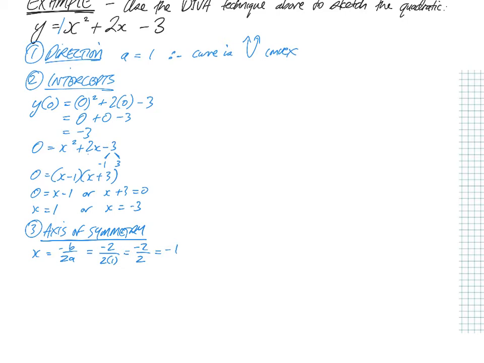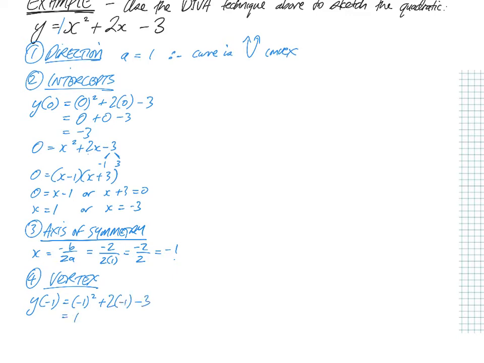And lastly, the vertex, we can do that now because we found the axis of symmetry. How do I find the vertex? You substitute the x you found in the axis of symmetry into the equation and find y. So the x for the axis of symmetry was negative 1, and the original equation was x squared plus 2x take 3. So it's negative 1 squared plus 2 lots of negative 1, take 3.